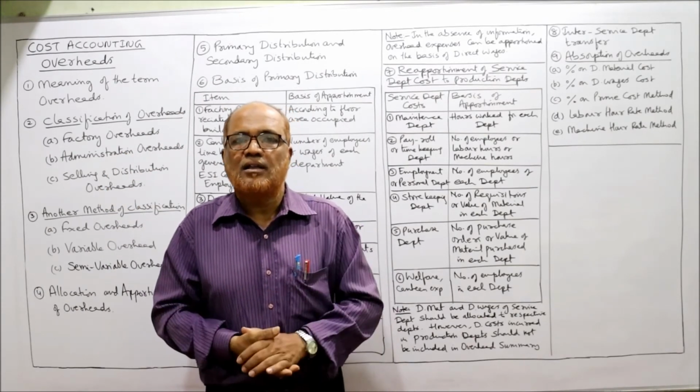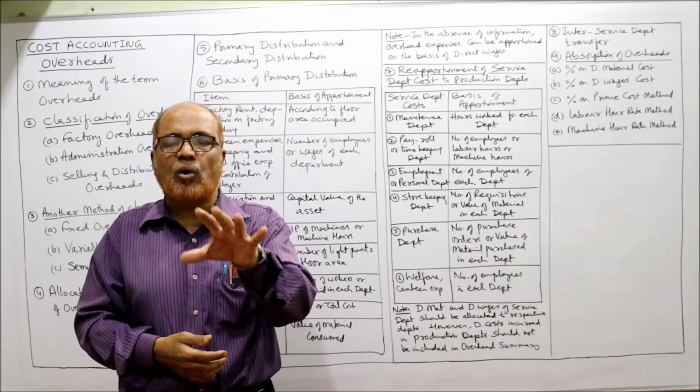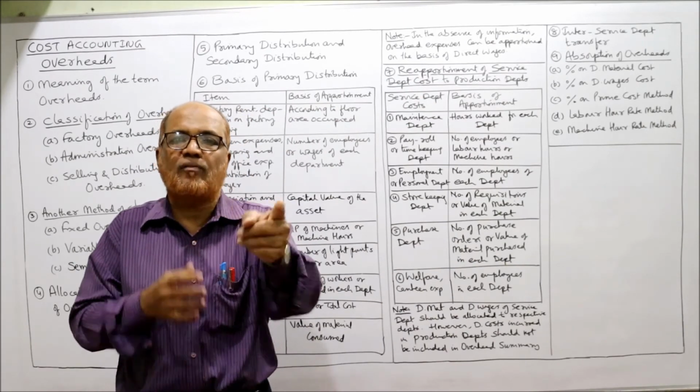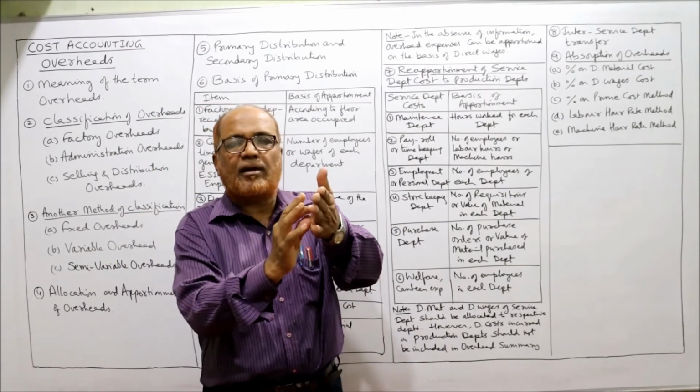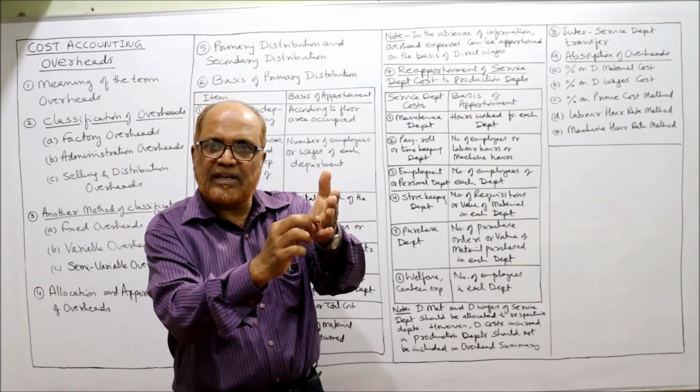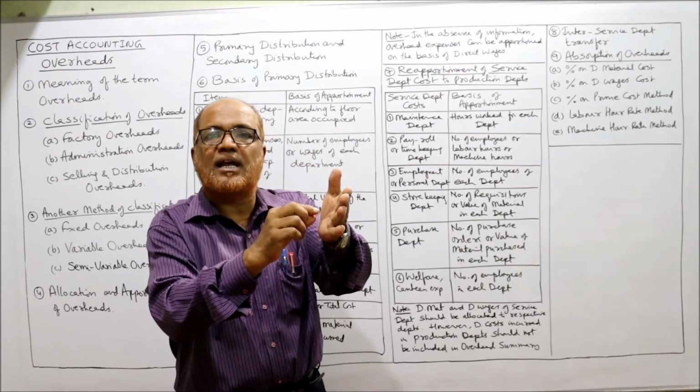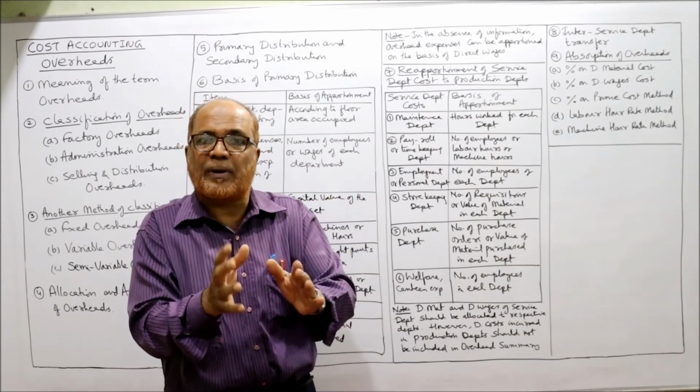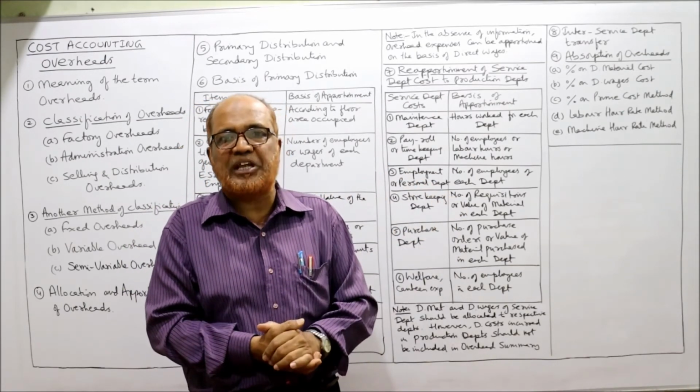So the overhead absorption rate is 20% on wages. In the current year we calculate the wages for a particular product, and on that wages we charge 20% as factory overhead because we got the percentage according to past experience.